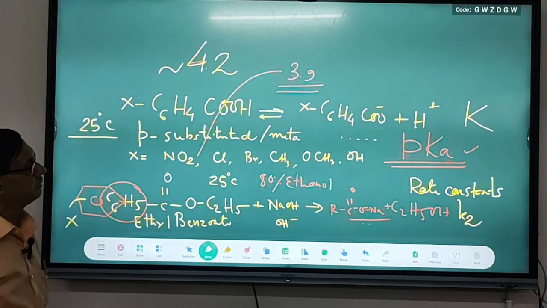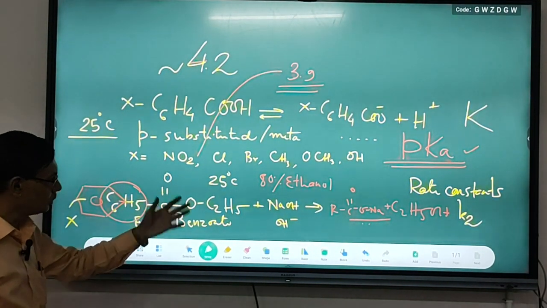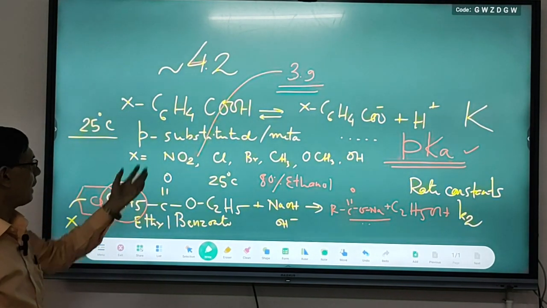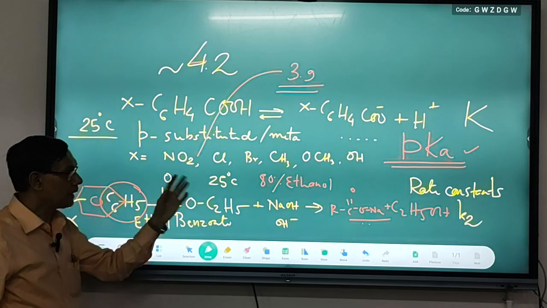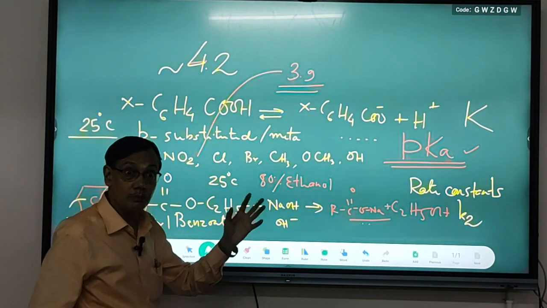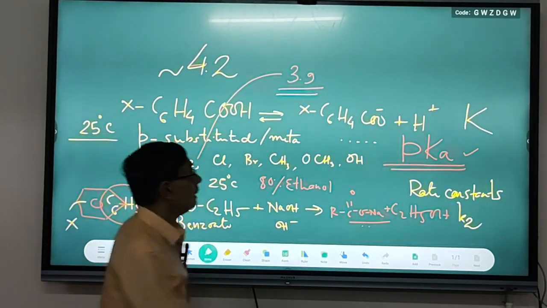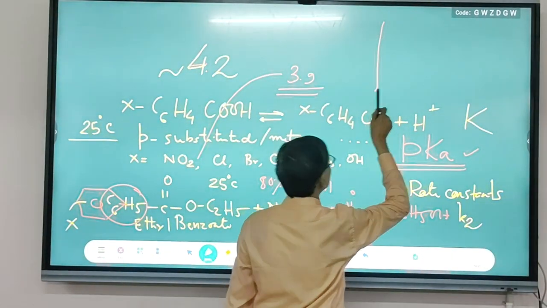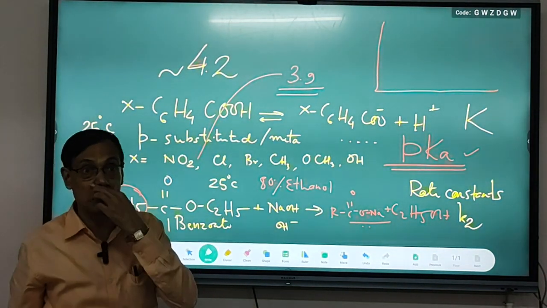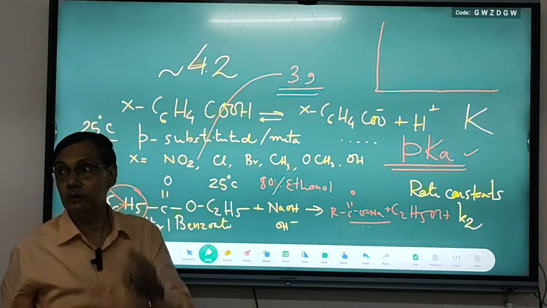And for ethyl benzoate, rate constants 1, 2, 3, 4. And this substituted ethyl benzoate is also para nitro ethyl benzoate, para chloro ethyl benzoate, para bromo ethyl benzoate. And surprisingly, when you plot a graph, please listen very carefully because this is the starting point of the Hammett equation.